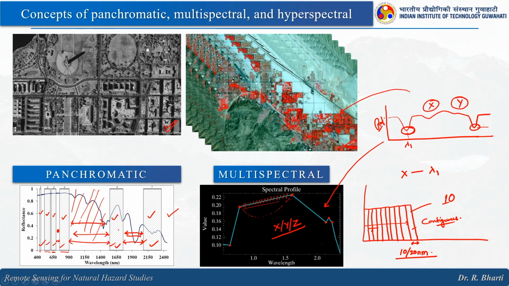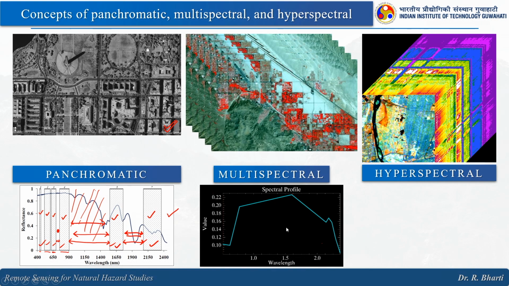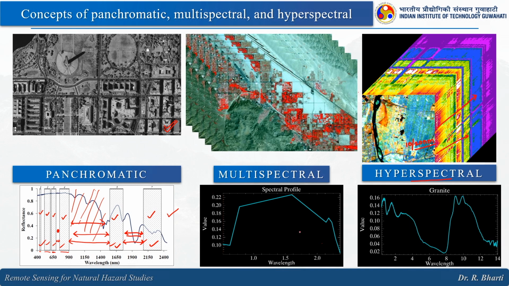So, once we have this kind of setting and we generate such images, where the number of bands is more than 10, the bandwidth is in the order of 10 to 20 nanometer, and it is contiguous in nature, we call it hyperspectral remote sensing data. And you see the spectral behavior gets changed because you have so many measurements here.